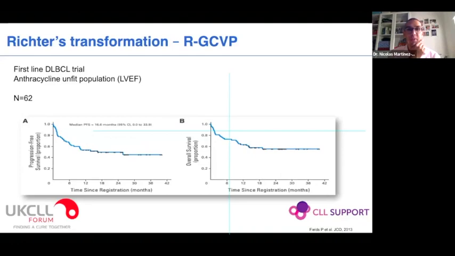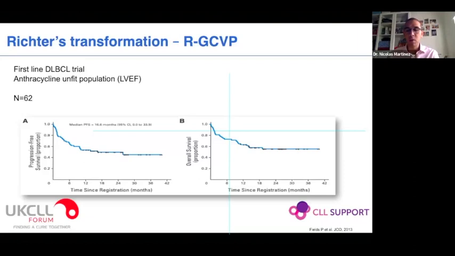My experience in the real world is that this combination is probably not as good as R-CHOP, but is a good option for treatment for DLBCL. And extrapolating the results from DLBCL, I think it's very reasonable to use in people who are not anthracycline fit or otherwise fit for relatively intensive chemotherapy.